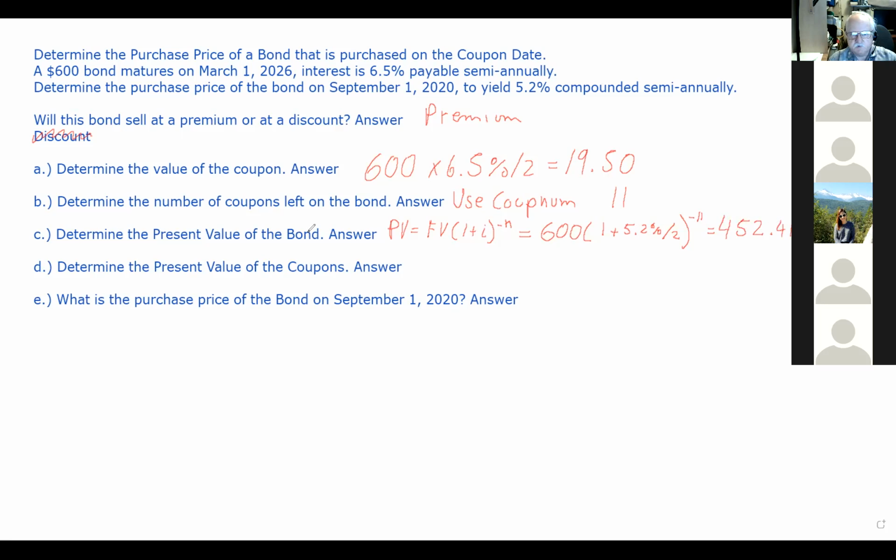So that's the present value of the bond, but you also have to find the present value of the coupons.